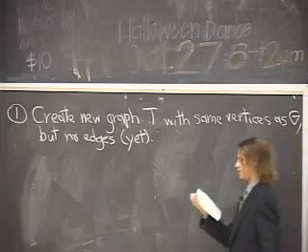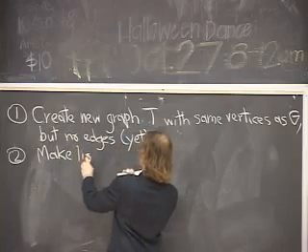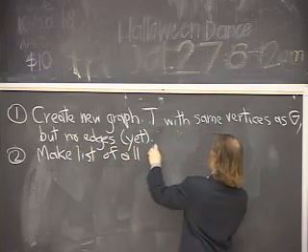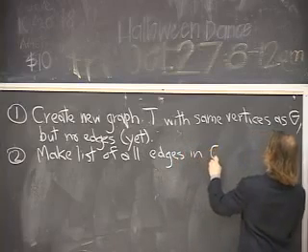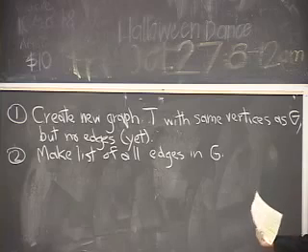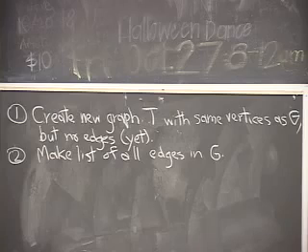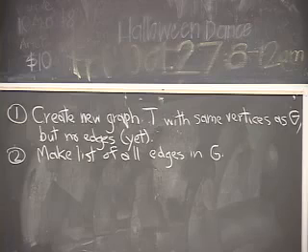Then we're going to make a list of all the edges in G. Now, Kruskal's algorithm is what's called a greedy algorithm. What it does is it just goes through the list of edges and one at a time tries to add them to the graph if it can. Now, it's not allowed to add an edge if it produces a graph that's not a tree by creating a loop. So you add edges as greedily as you can, but you're never allowed to create a loop or a cycle because then it wouldn't be a tree anymore.